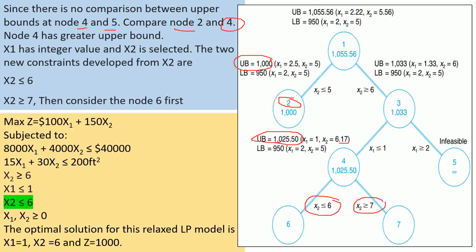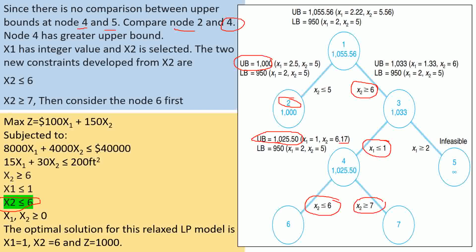In this case, when we add x2 less than or equal to 6, the other restrictions are this one, and the other restriction is this one, right? So the optimal solution for this relaxed linear program model is x1 equals 1, x2 equals 6, and z equals 1000.